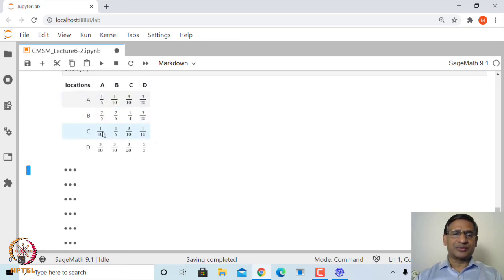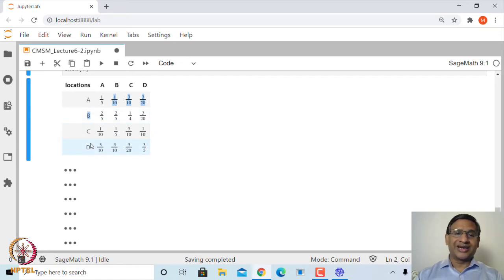You can check here that the sum of the first column is 1, the sum of the second column is 1, the sum of the third column is 1, and the sum of the fourth column is 1. So, that means the hired cycles taken from A all come back to A, B, C, or D. They are not dropped at some other location; that is not considered.